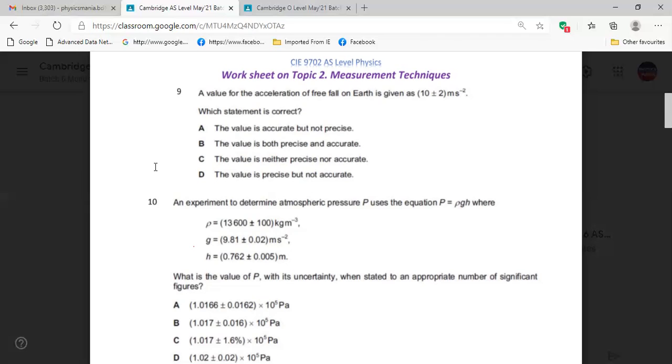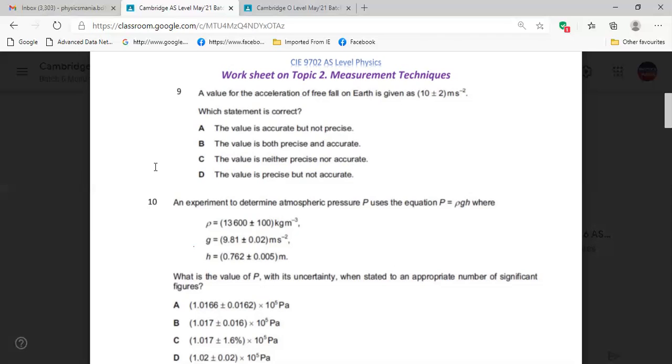You are saying the value is both precise and accurate. So, how can this one be precise? You have a bigger range, right? With 20% uncertainty. Do you think if you have 20% uncertainty, it will be precise? No, sir. No. So the answer is A. Yes, the answer is A.